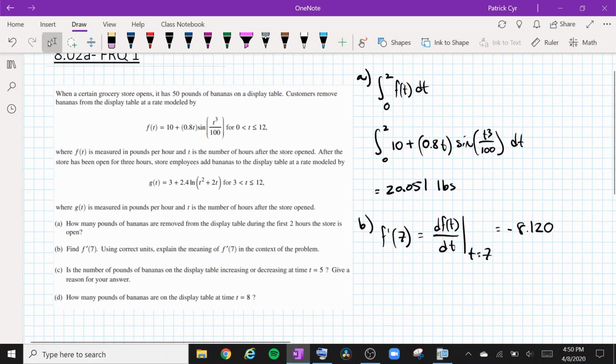What does this mean in context with the problem? This is talking about when t equals 7.